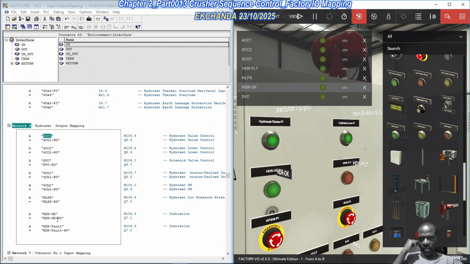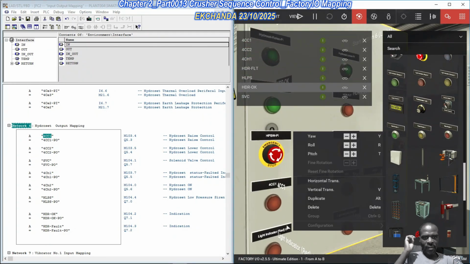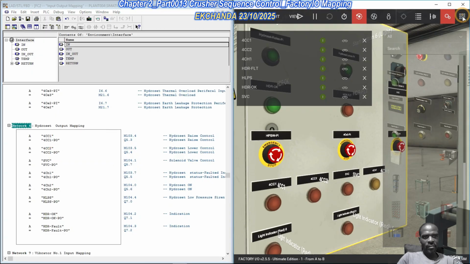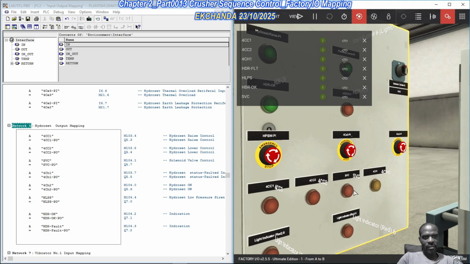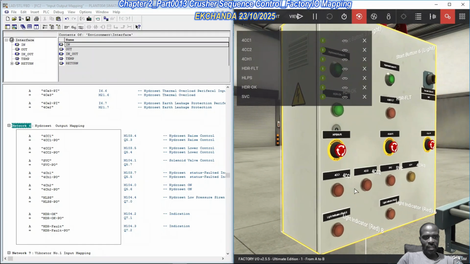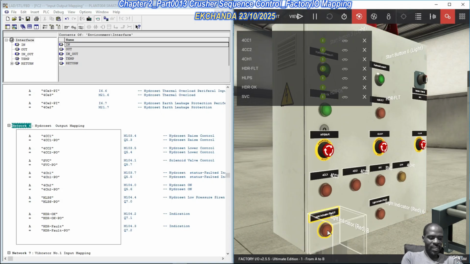So we've done HDR OK, HDR fault, and then we've done 4CH1, or rather we've done 4CC1, 4CC2, SVC, which is this one here. We've done SVC, and then we've done 4CH1 as hydroset status faulted. Okay, and then we still have some 2 indicator lamps. We don't need these 2.